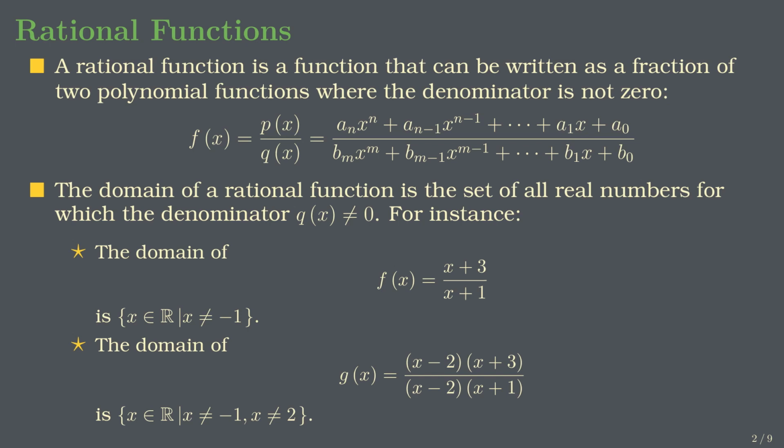So we cannot cancel out the factor x - 2 from g(x) to get f(x). And you can remark that the domains of f(x) and g(x) are different. For this reason, f(x) and g(x) are different rational functions. So keep that in mind.